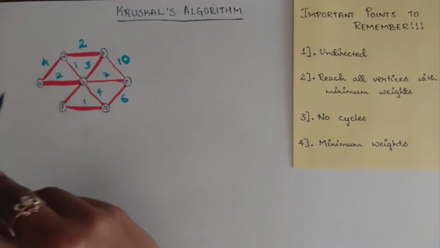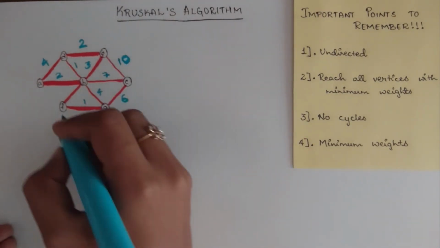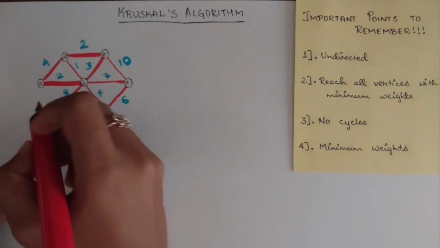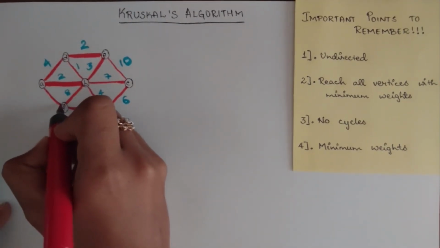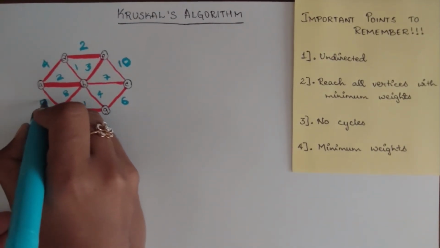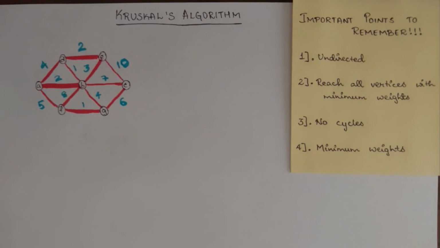F and B has 8. And the last edge, A and F, has 5. So this is the undirected graph with all the weights present.